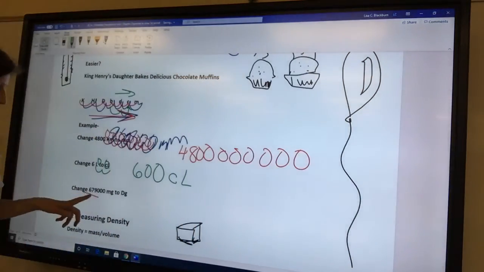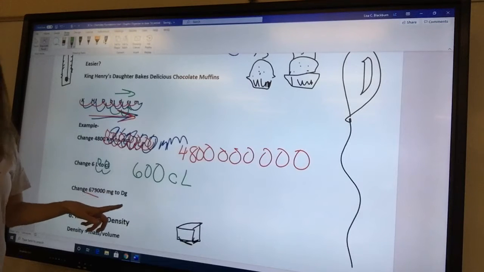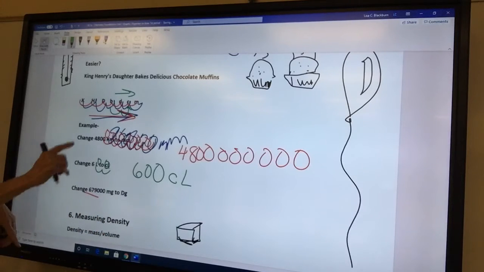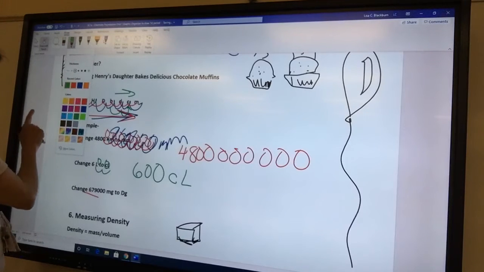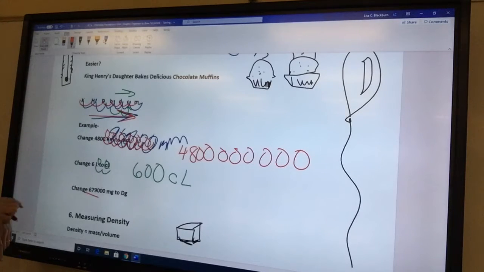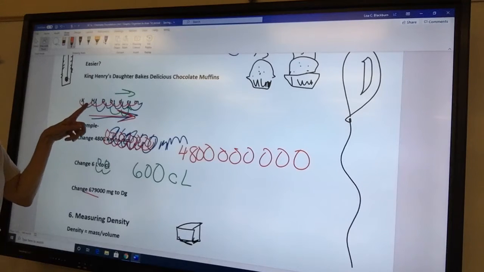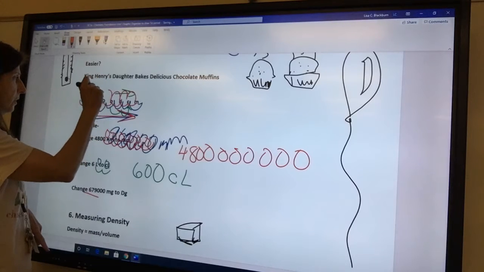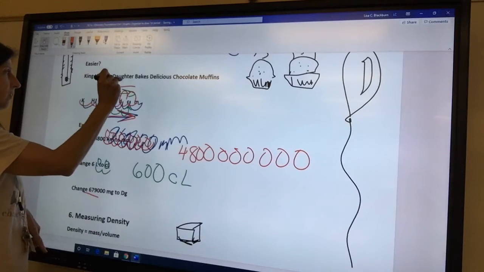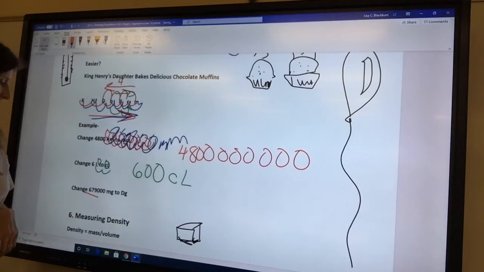Let's change this number of milligrams to decagrams. Everybody try it by yourself first, and then we'll do it together. Okay, you ready?